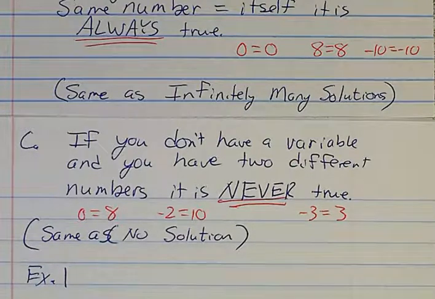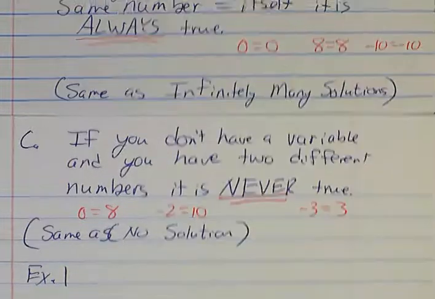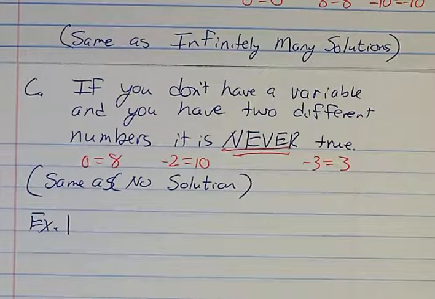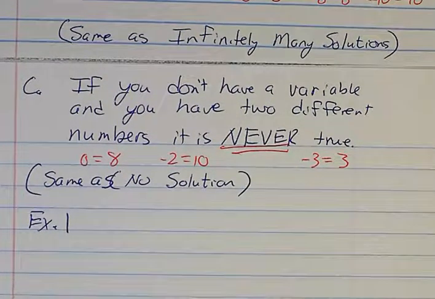All right, now here's more of what it's going to look like when we're going through the homework and going through the test question. They're going to give you an example and ask you, okay, is this one always, sometimes, or never true?